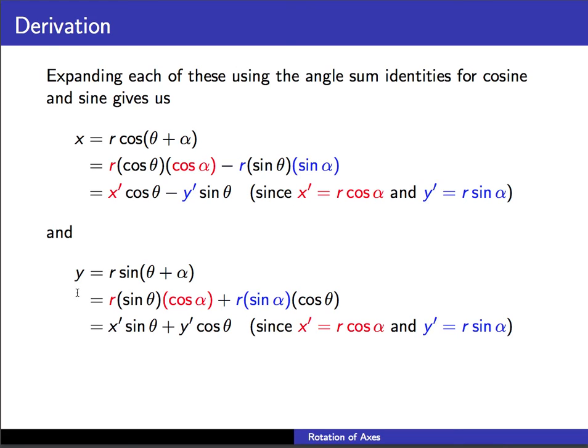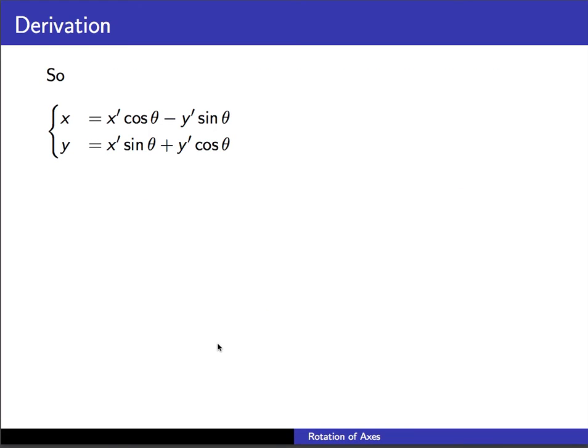So our y coordinate is x prime sine theta plus y prime cosine theta. Putting those two coordinates together for our new rotated point, x prime cosine theta minus y prime sine theta gives us our x coordinate, and x prime sine theta plus y prime cosine theta gives us our y coordinate. Again, these are just applying the angle sum identities for sine and cosine.